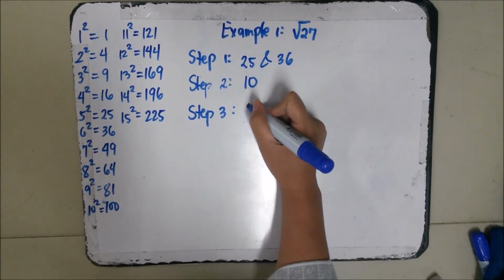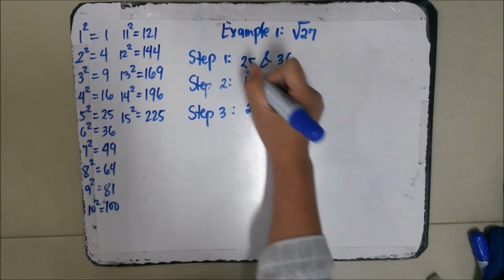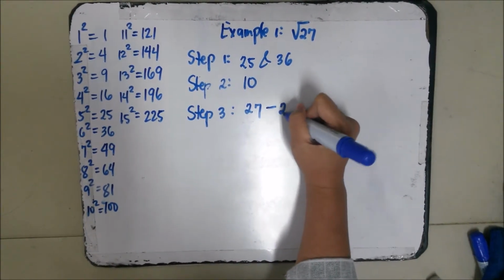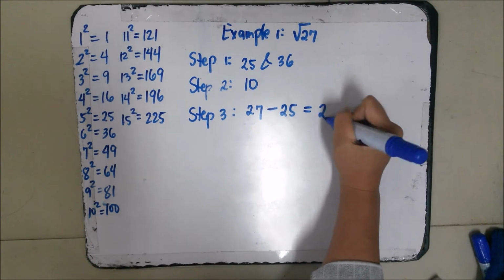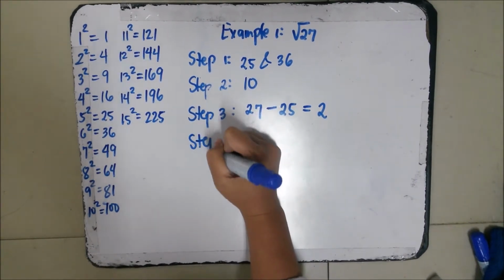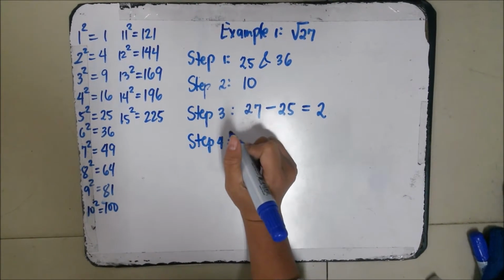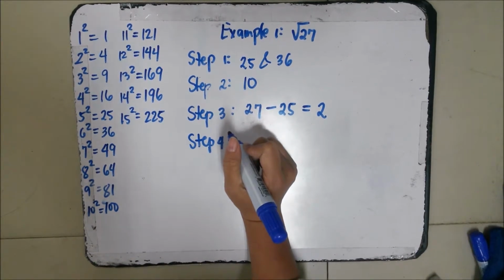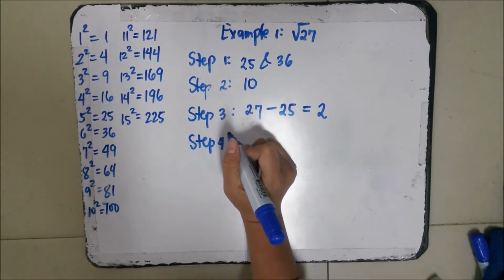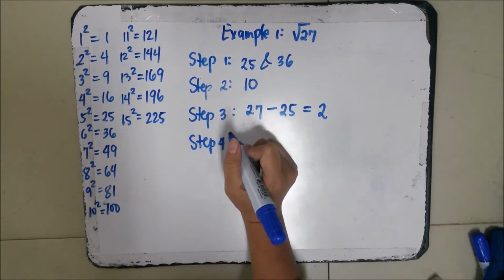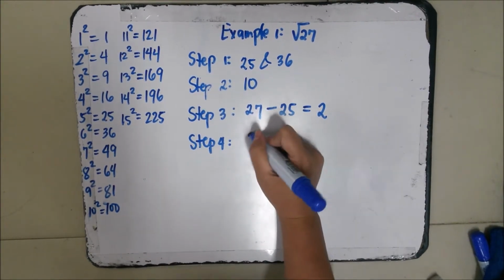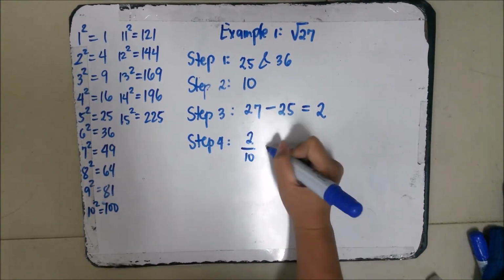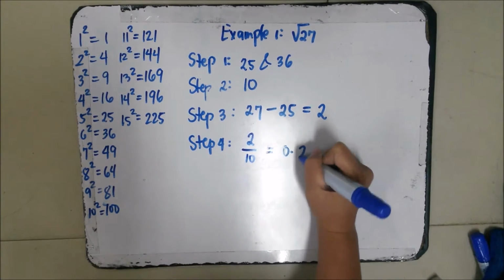So step 3 is to find the difference between the smaller perfect square and the given number. Our given number is 27, so we subtract the smaller perfect square, which is 25, so our answer is 2. Step number 4 is to divide the answer in step 3 by the answer in step 2 and round the quotient to the nearest tenth. Our answer in step 3 is 2, so we divide it by 10, so our answer is 0.2.